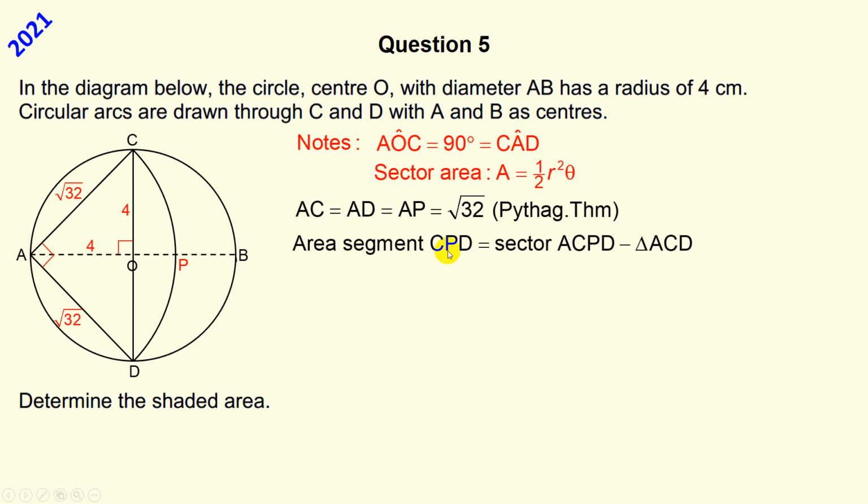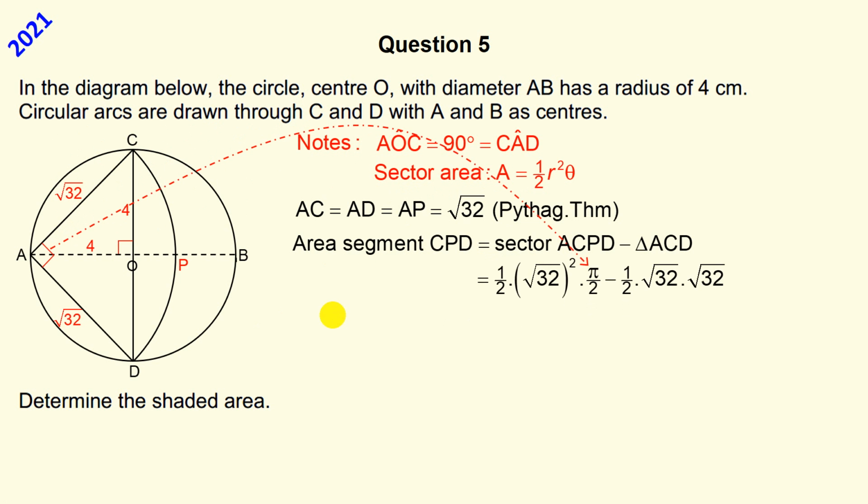So the area of segment CPD is equal to sector ACPD, so this is like the slice of cake, minus the triangle. So the area of the sector is half r squared theta.